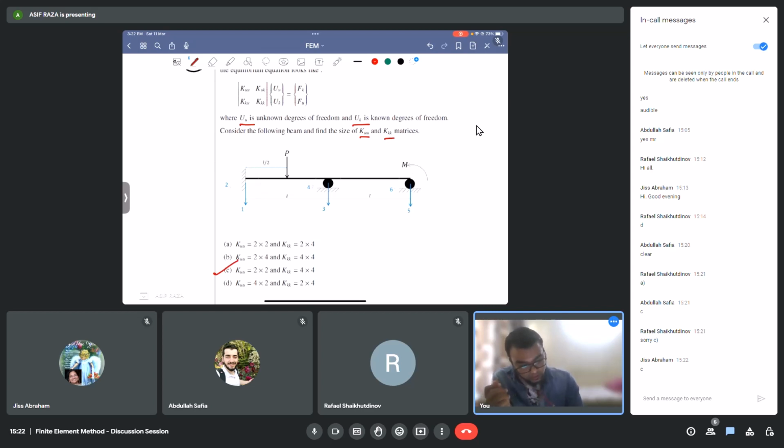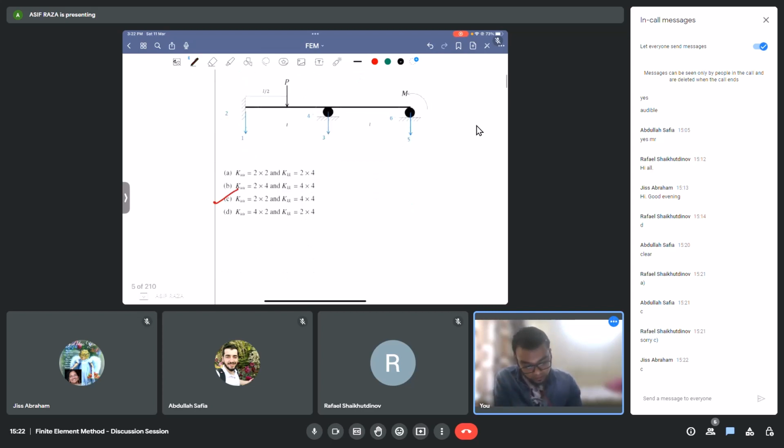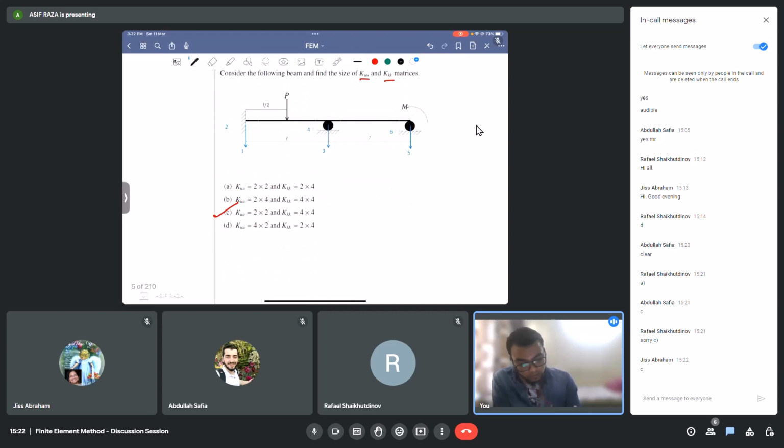So the problem in consideration is this one, right? If you see the problem, what are my known degrees of freedom? So UK will be what? 1 is known because that will be 0, 2 is also known, that will be 0, 3 is also restricted, and 5 is restricted.